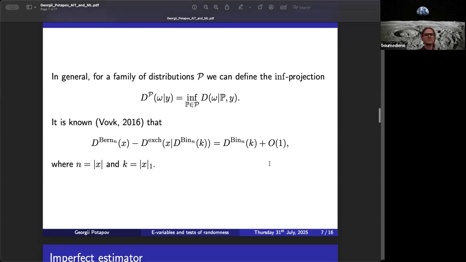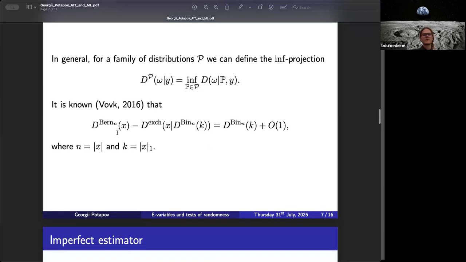And I would briefly talk about a fact that was proven by Wolf, that we can define randomness deficiency for Bernoulli distribution and for exchangeable distribution, and also for binomial distribution. And essentially, if the number of ones in a random string is plausible, then it is as plausible to get the string from Bernoulli distribution as it is to get it from some exchangeable distribution.